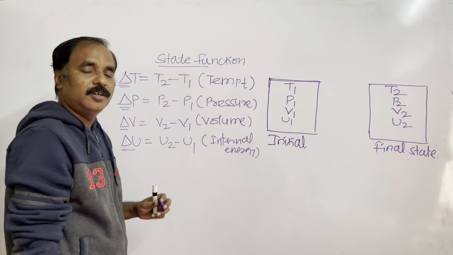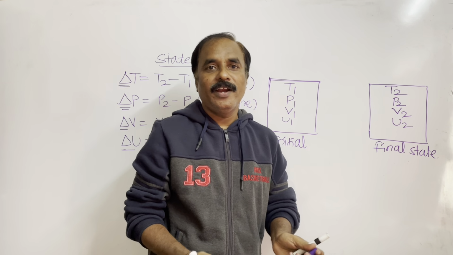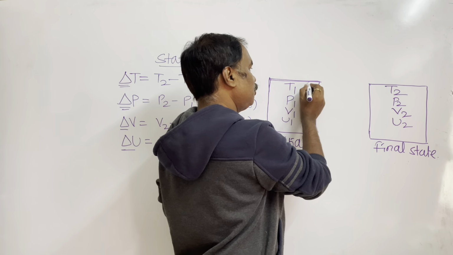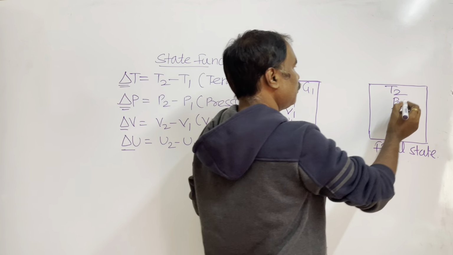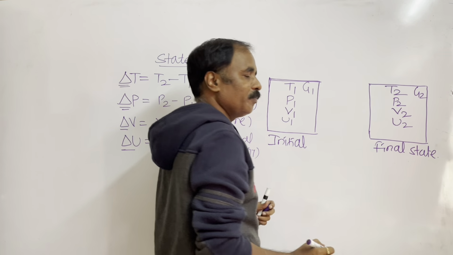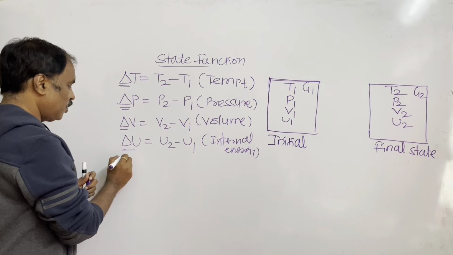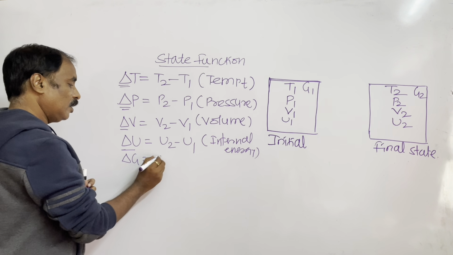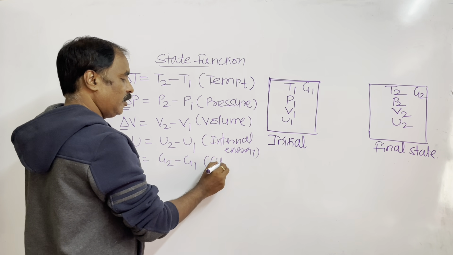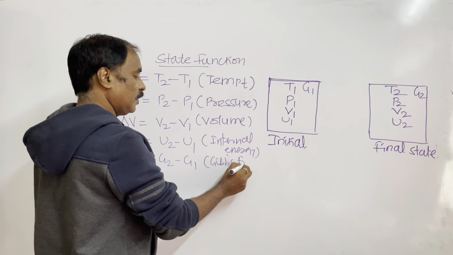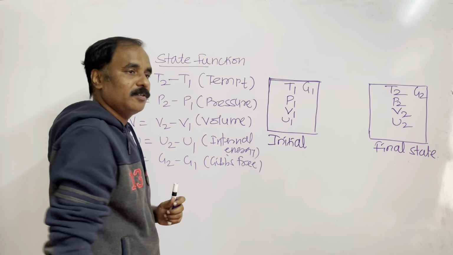Gibbs free energy, that is suppose it is G1. So here it will be what? G2. So what is change in Gibbs free energy? Delta G is equal to what? G2 minus G1, yani it is also state function, Gibbs free energy.